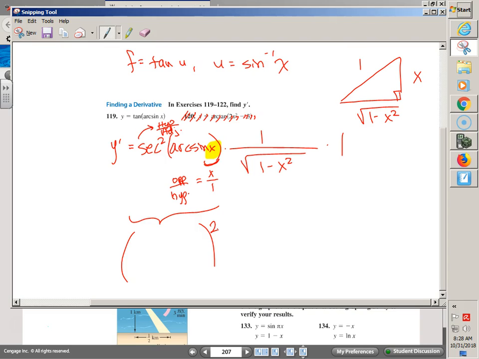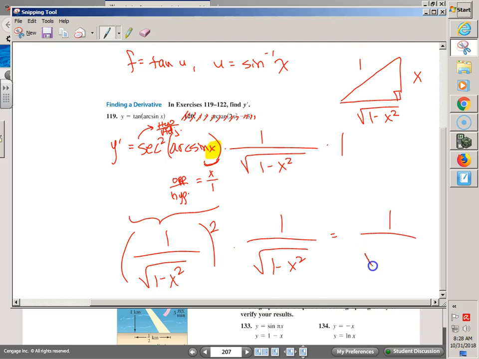Oh, well, once you have a triangle, secant's just hypotenuse over adjacent. And I'm going to have 1 minus x squared to the 1 power, the exact same thing as, well, just do it this way, 3/2 power.